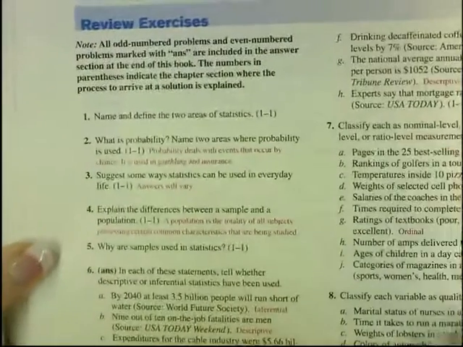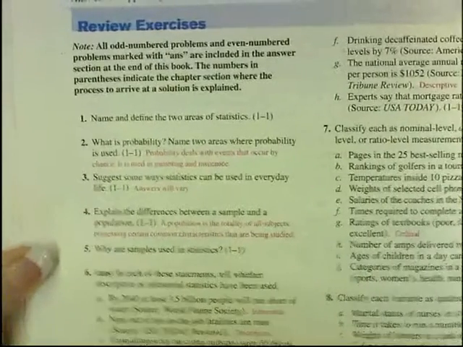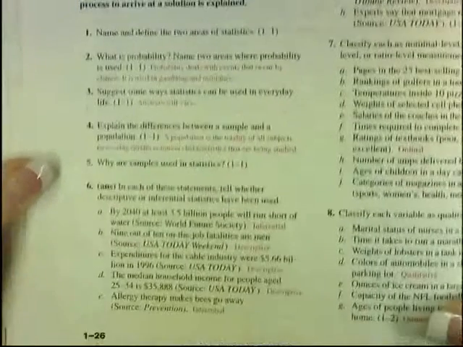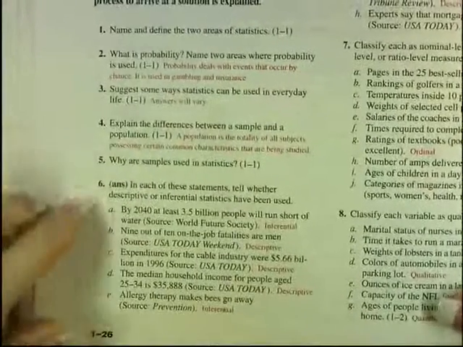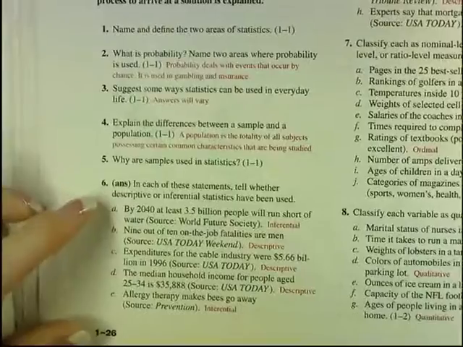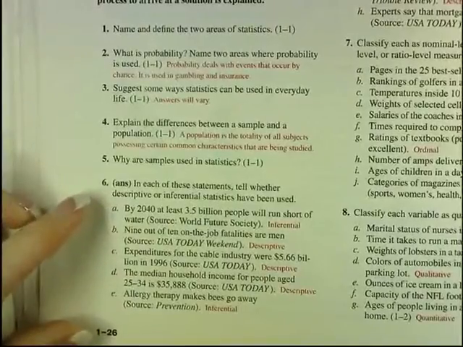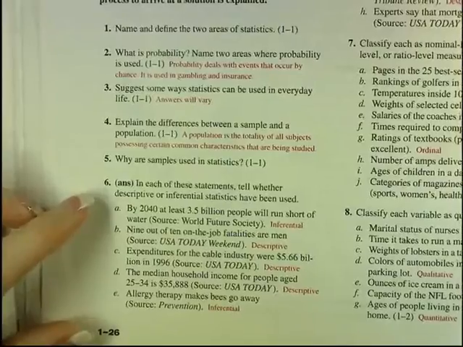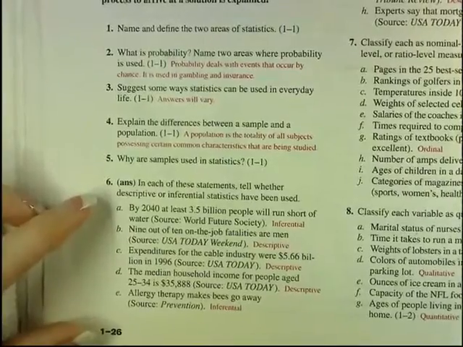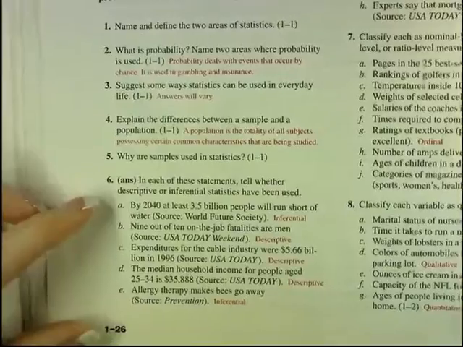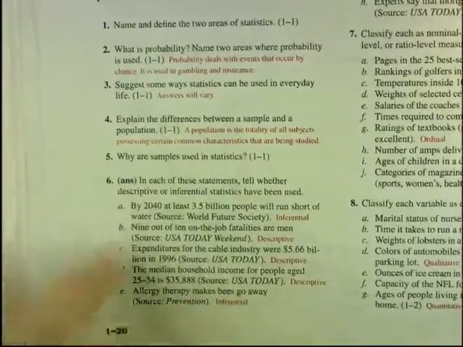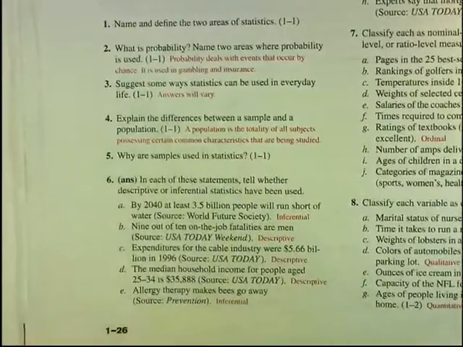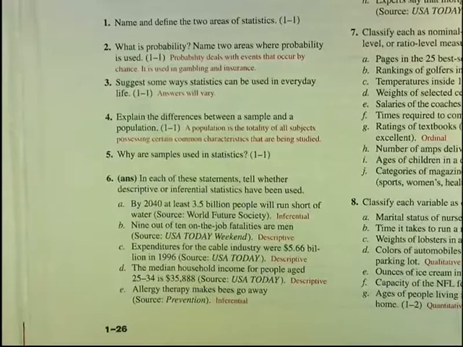The other thing you could do is always go to your textbook, and work some of the exercises. I'll do some of these in class as part of the lecture. You could go over number 6, and list it as inferential or descriptive statistics. So on a test, I'll give you an example, and you have to tell me if it's inferential or descriptive.